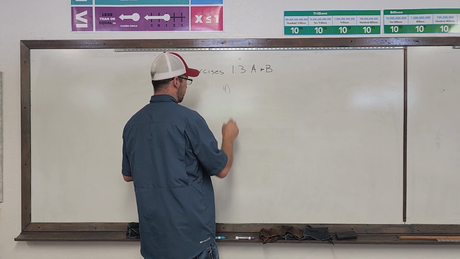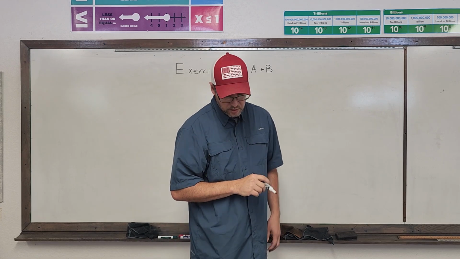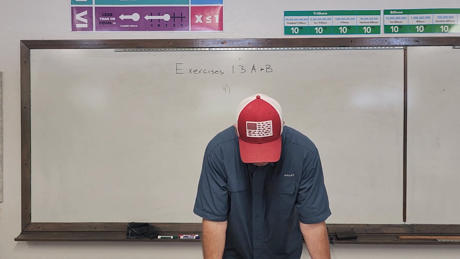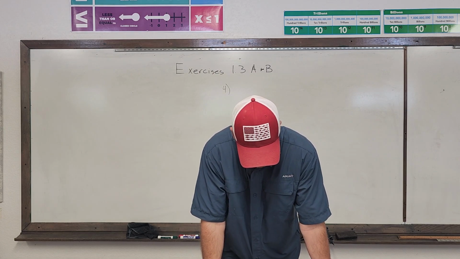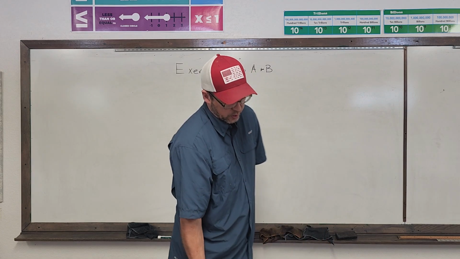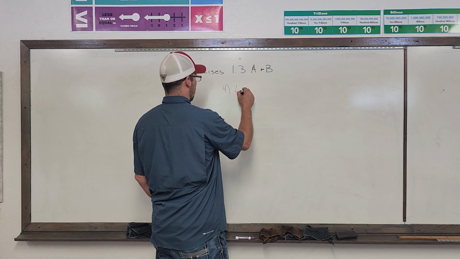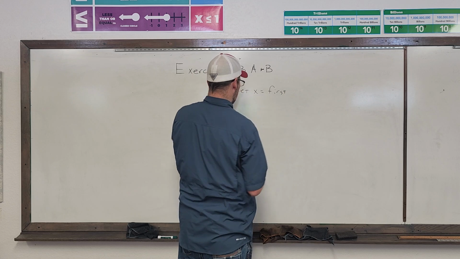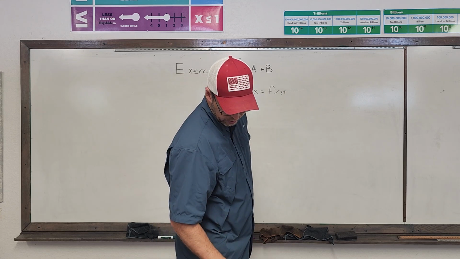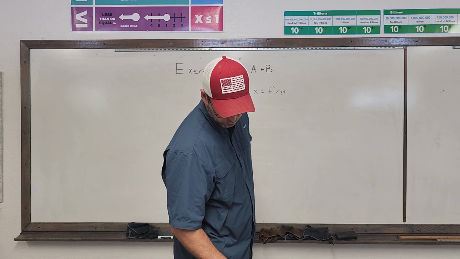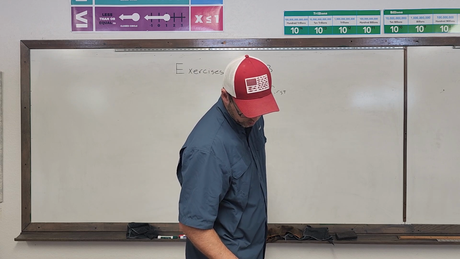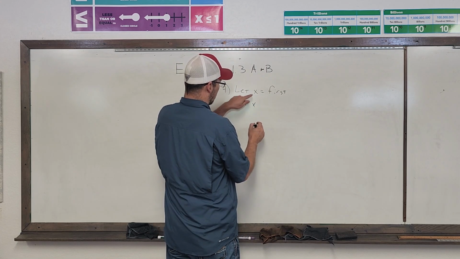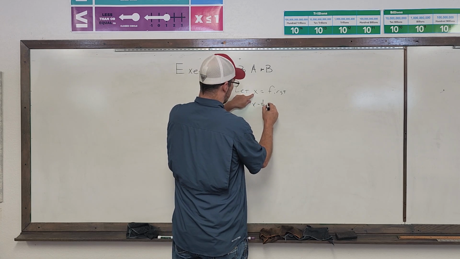Number 4. Divide a 6 3/4 inch line into 3 parts so that each part is a 1/4 inch shorter than the one before it. Again, we'll let x equal the first. I want each one to be a 1/4 inch shorter than the one before it, so the next one is going to be whatever x was minus a quarter inch.